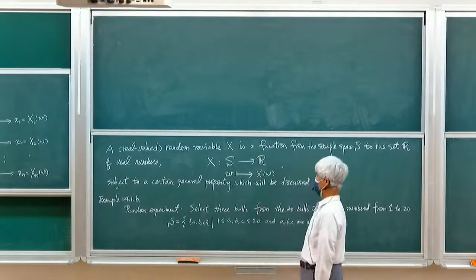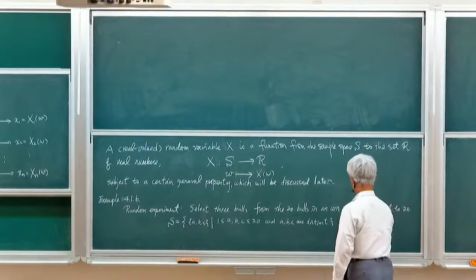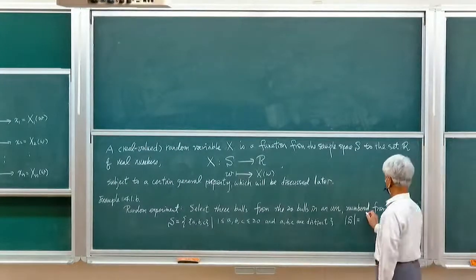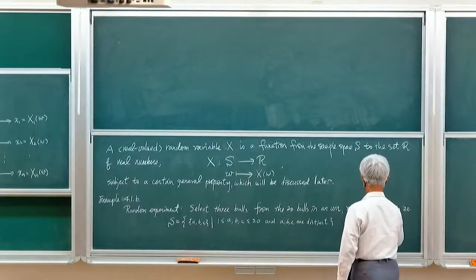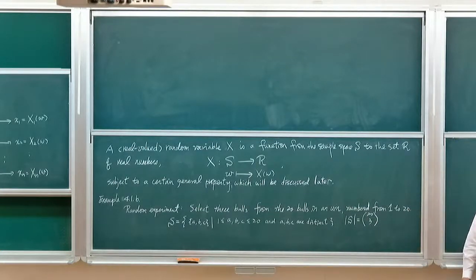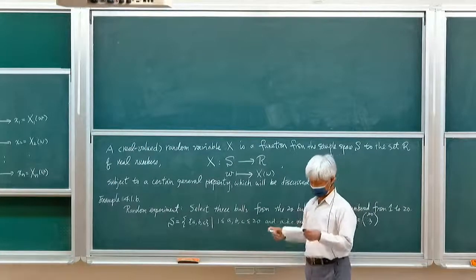Okay. Now, the size from chapter 1, the size is 20 select 3. Okay, so is this a combinatorial number? So the size of this sample space will be this one.